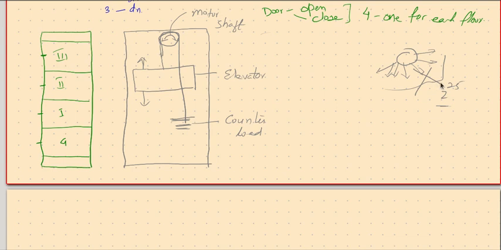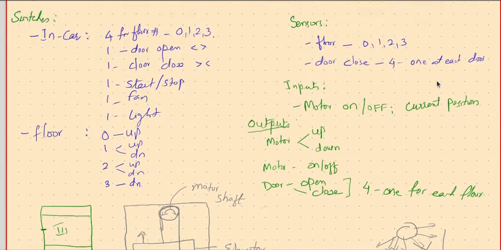Any ray of hope? Yes, of course. When you look at these inputs, all combinations of inputs are not required. When you are working in the car, then only these are useful. And when you are working with floor switches, only these are useful.